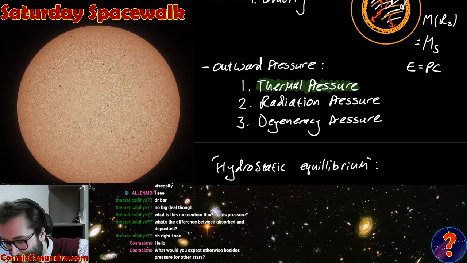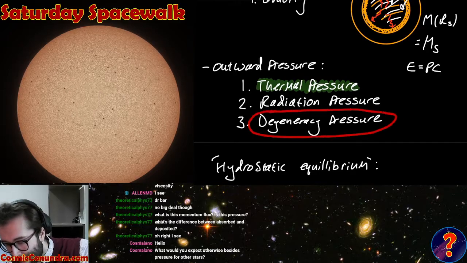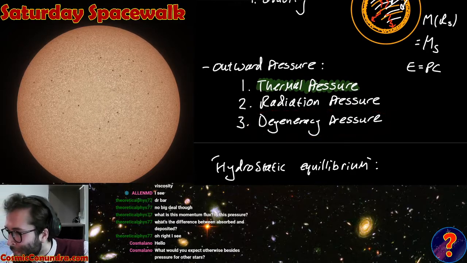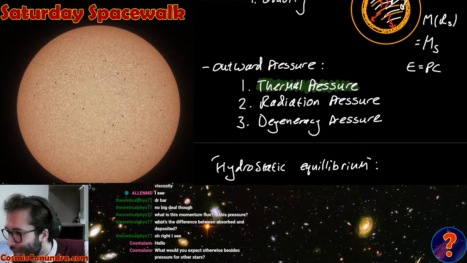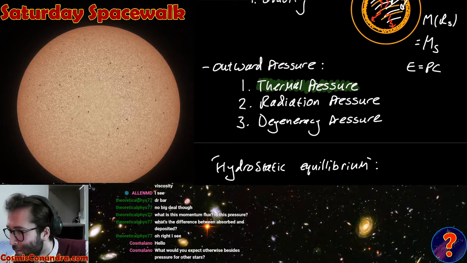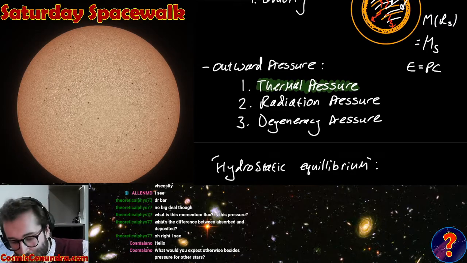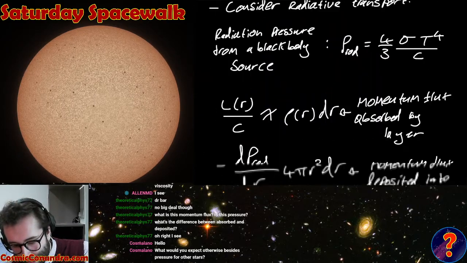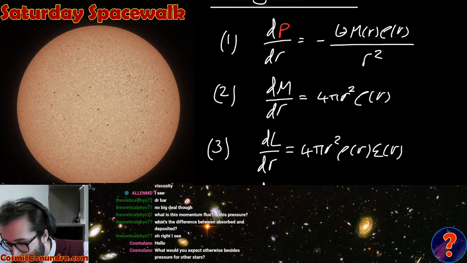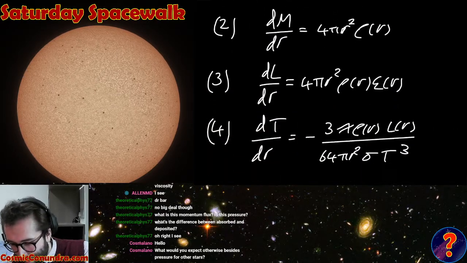And lastly, the most exotic of the three is degeneracy pressure, which you only really have in compact stars like white dwarfs and neutron stars. So those are the three kinds of pressure we discussed. As far as I know, those are the only kinds of pressure you can have.